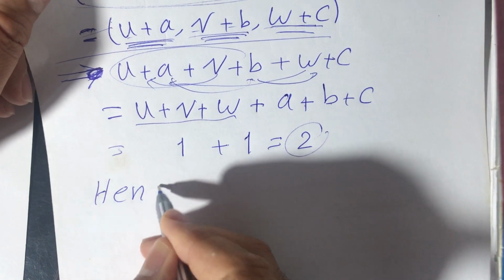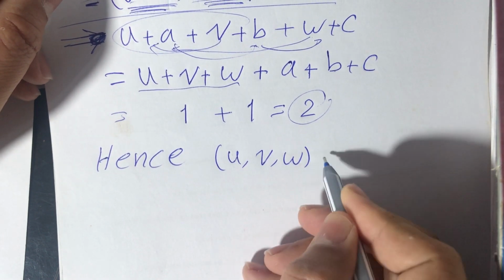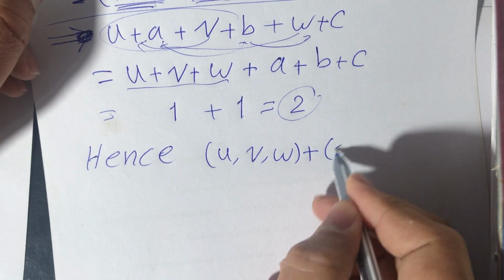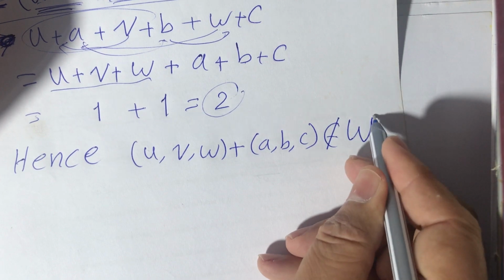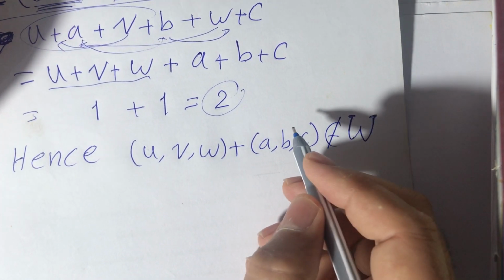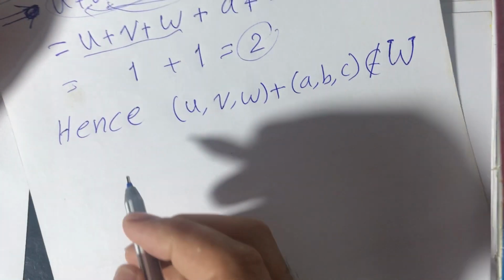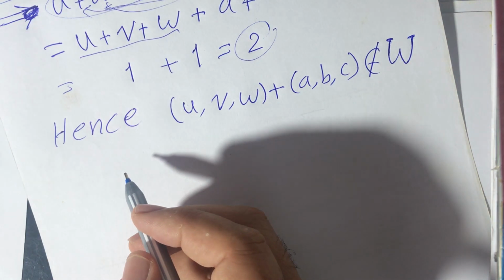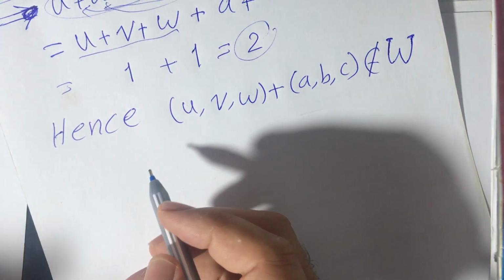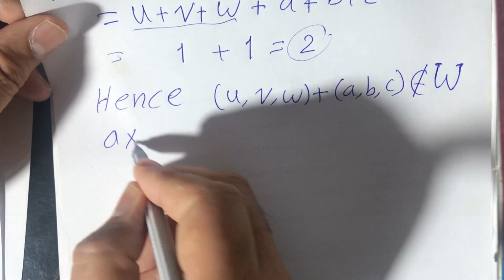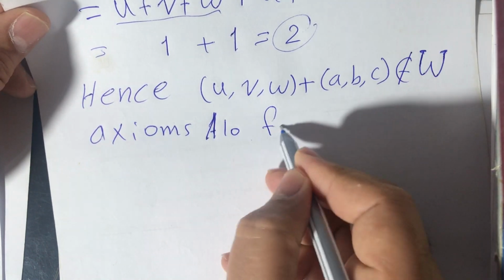Hence (u, v, w) plus (a, b, c) doesn't belong to W. That means axiom A10 fails.